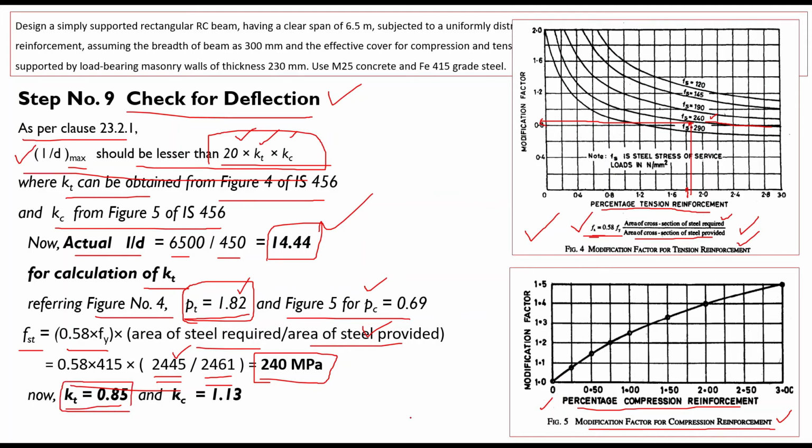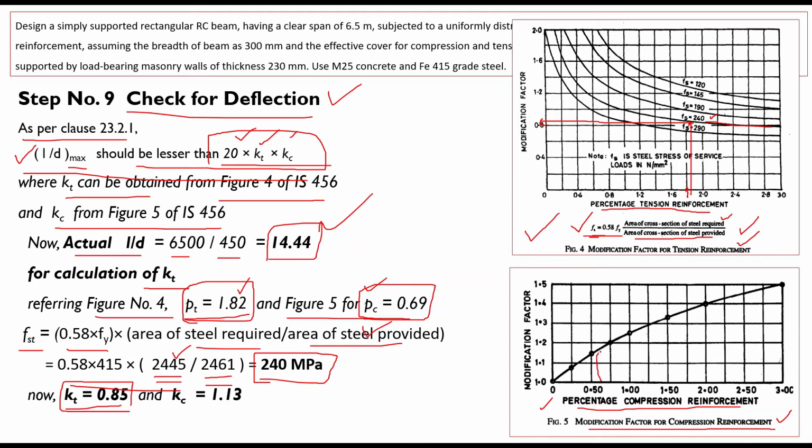Similarly, based on the percentage of steel, that is Pc, provided in the compression side, that is 0.69, it will be somewhere between 0.5 and 1. Between 0.5 and 0.75 we can say.